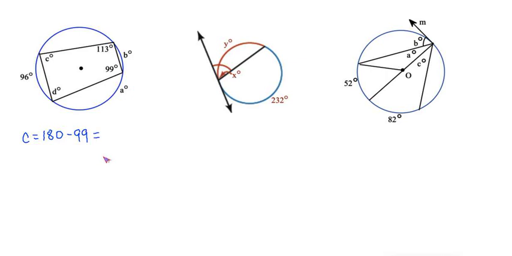So that's going to give me 81 degrees for measure of angle C. D is opposite the 113. So 180 minus 113, that's going to give me 67 degrees for measure of angle D.